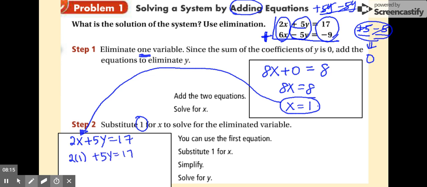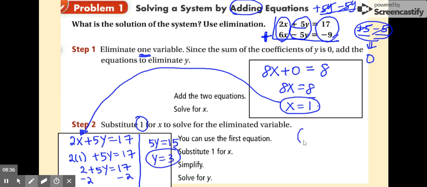So 2 plus 5y is equal to 17. So minus 2, minus 2. Now if I just rewrite it here, 5y is equal to 15. And y is equal to 3. So the solution for this system is going to be (1, 3).